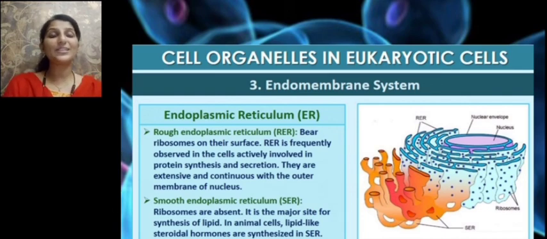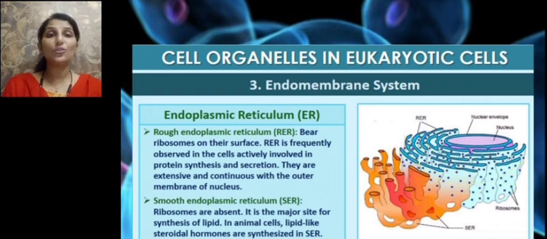The rough endoplasmic reticulum is represented as RER. Why are they called rough? Because they bear ribosomes on their surface. We can see ribosomes on the surface of this endoplasmic reticulum.